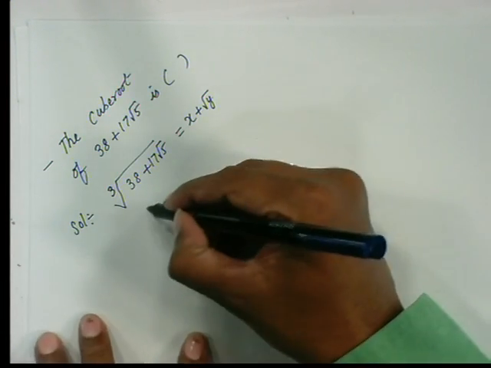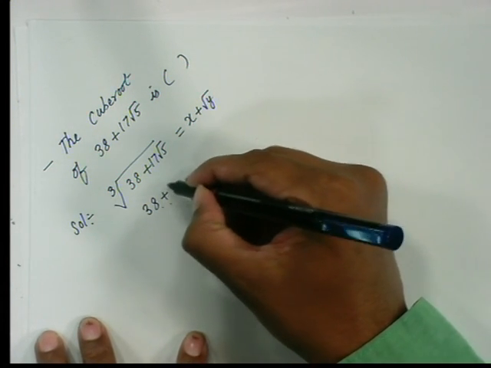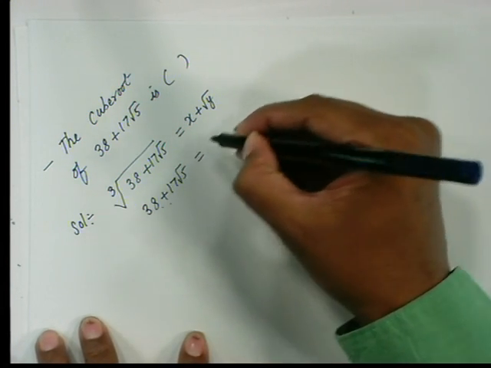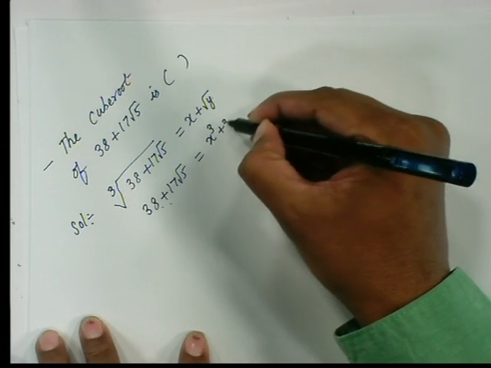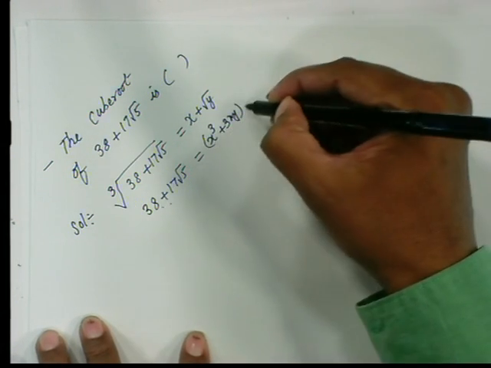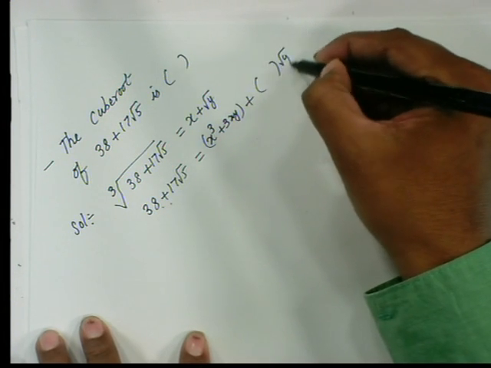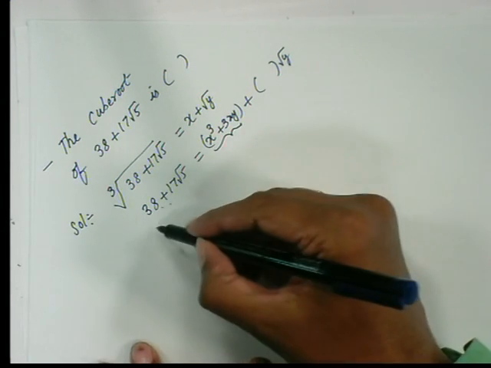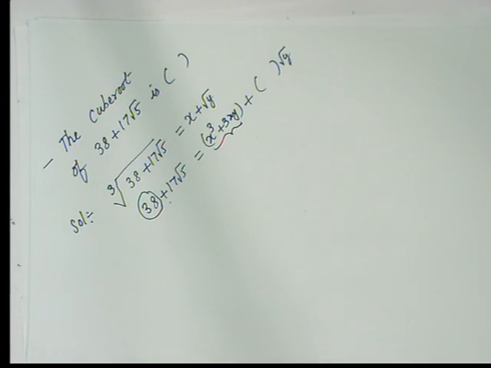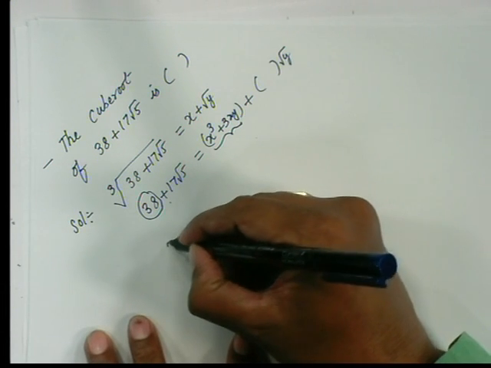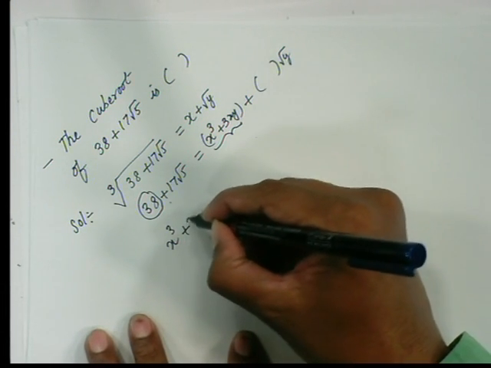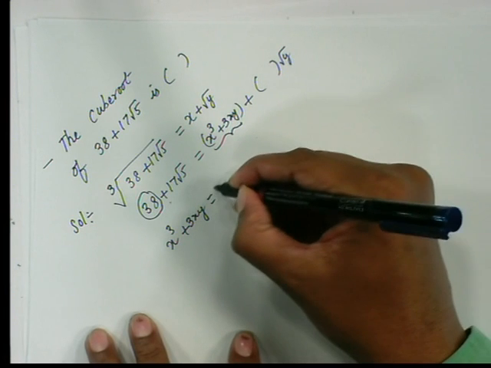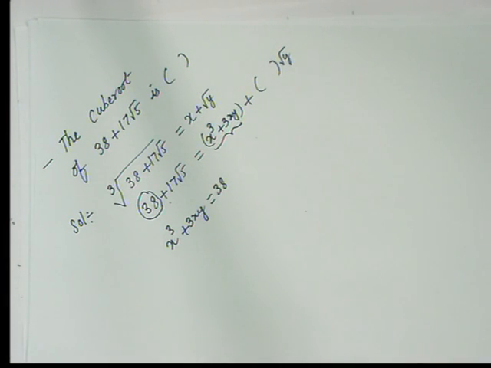So cubing on both sides, I am writing directly. 38 plus 17 root 5 is equal to x cube plus 3xy plus root y terms. So let us concentrate on rational terms. Here this is rational, this is rational. That means x cube plus 3xy is equated to 38 because they are rational.